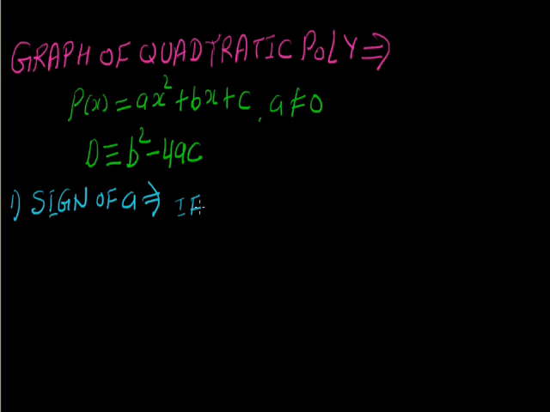If a is greater than 0, that is, if the value of a is positive, then since the graph of a quadratic polynomial is a parabola, it opens upward.